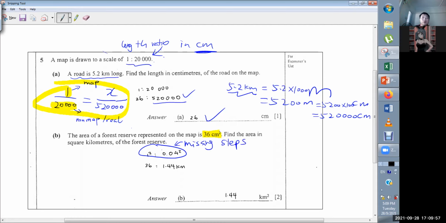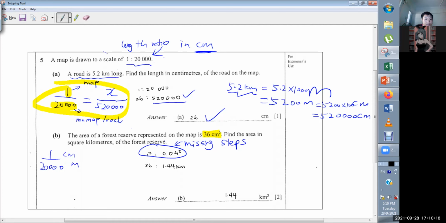Let me show you what you can actually do to show the steps. Over here just now we say 1 over 20,000. This one is cm and cm, right? So what you need to do is you can actually convert this cm and convert this cm.